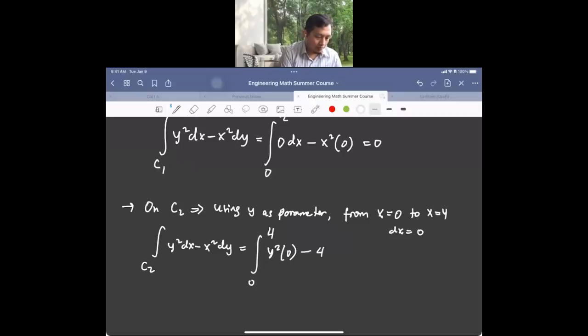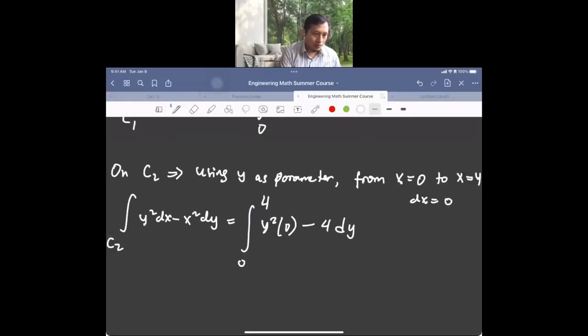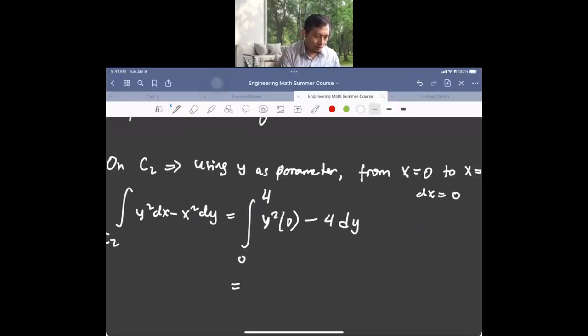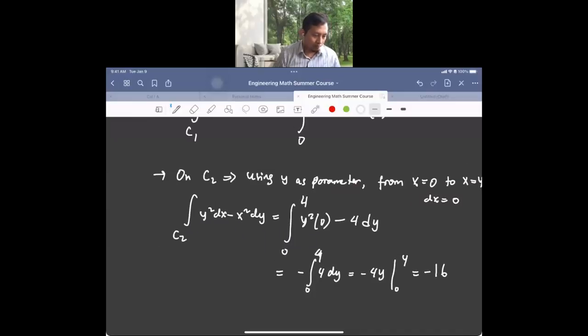And then minus 4, and then dy. So we have negative 4 dy. This is negative 4y. From 0 to 4, it's going to be negative 16.